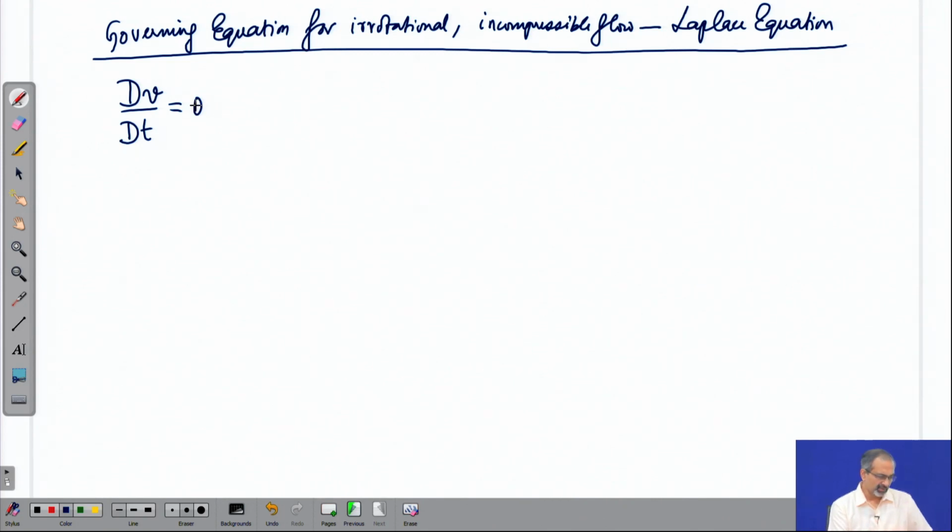And as a consequence, what happens is that from the continuity equation, you can on one hand show that the governing equation for incompressible flows will be divergence V equal to 0. On the other hand, from this definition itself, we can argue that a divergence of velocity can be equal to 0.